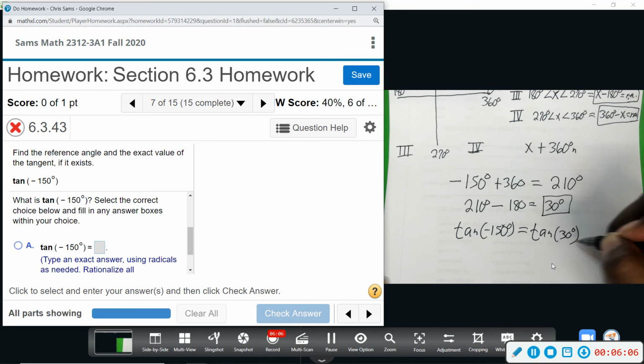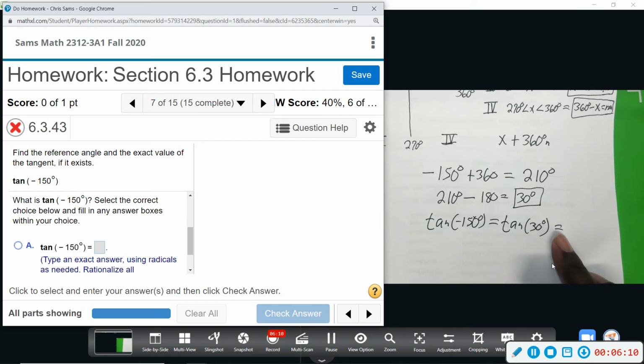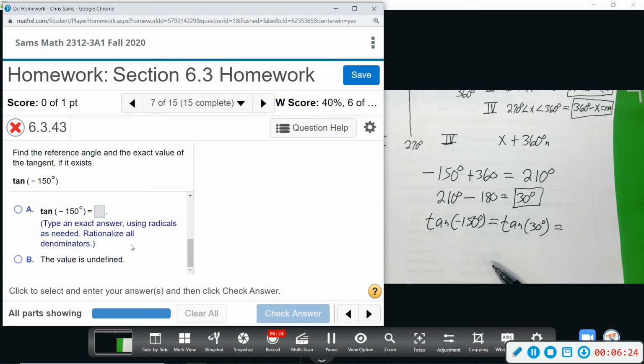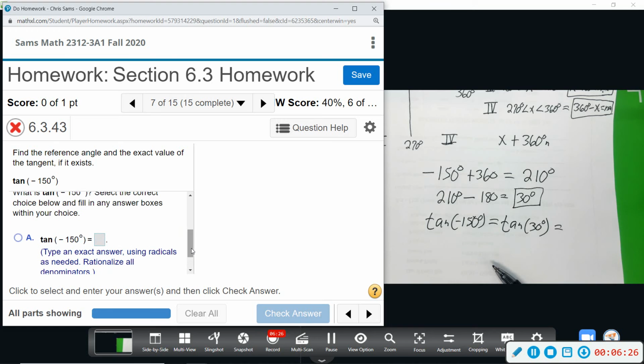These should give us the same answers. Now, tangent of 30 we can get from the unit circle, and it says type exact answer, rationalize all denominators, okay.